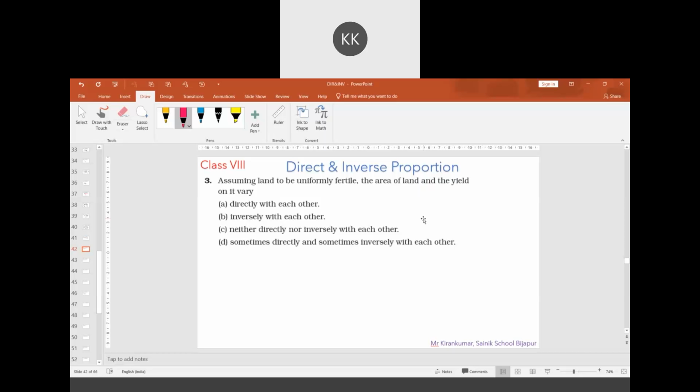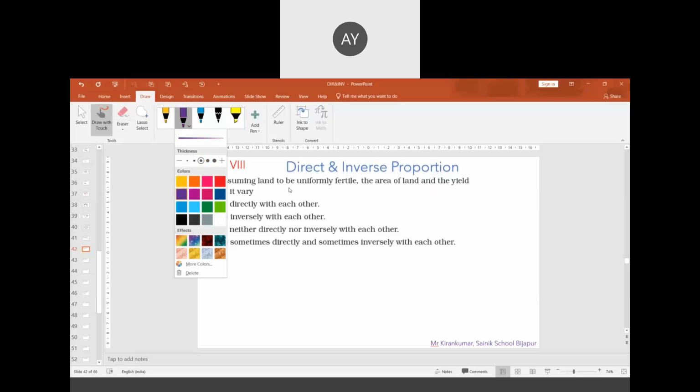Option A. How can you say that it's directly with each other? Sir, the more the fertile land, the more the yield, sir. More the cultivated fertile land, more will be the production, isn't it? Yes, sir. So option A, directly with each other.